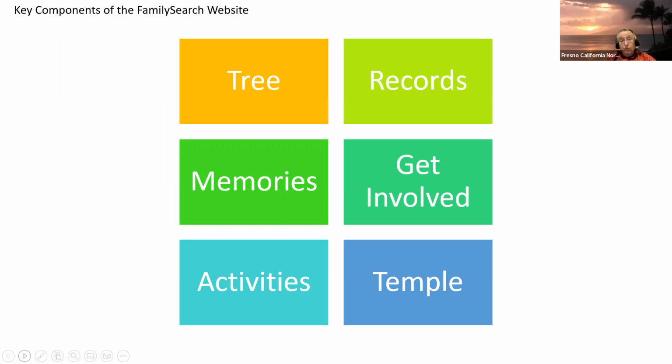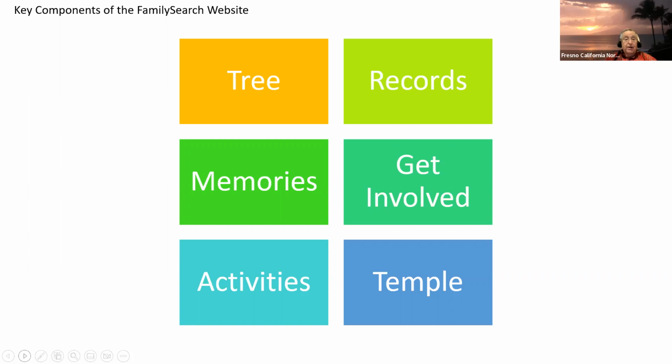The Get Involved part of the site is the old indexing section. Indexing still there. It's being somewhat not phased out necessarily yet, but it's being phased down as they do more and more artificial intelligence work on records. And I think we're going to see more and more of that over time, where instead of doing the actual transcription of records, we're just going to be verifying the artificial intelligence results that they come up with.